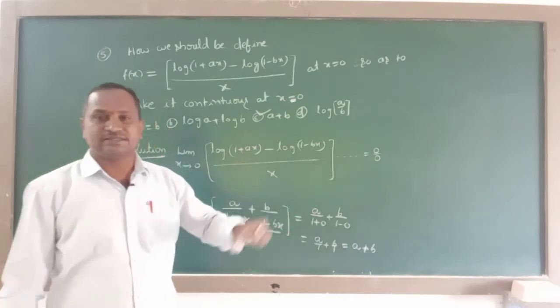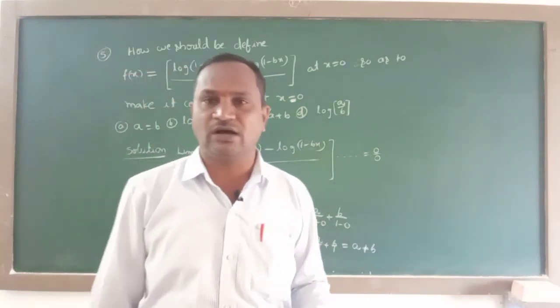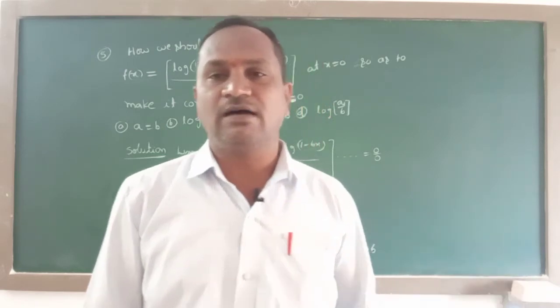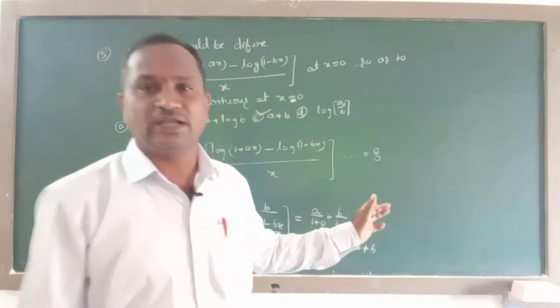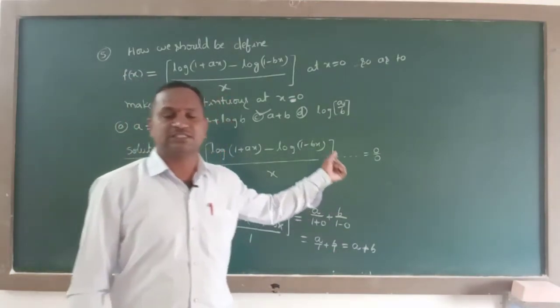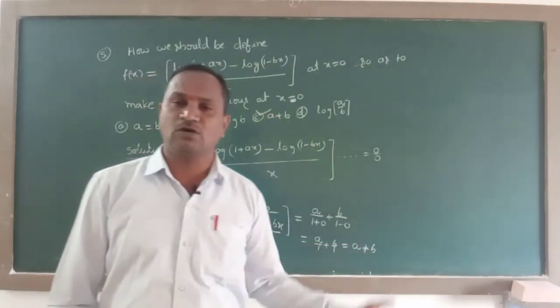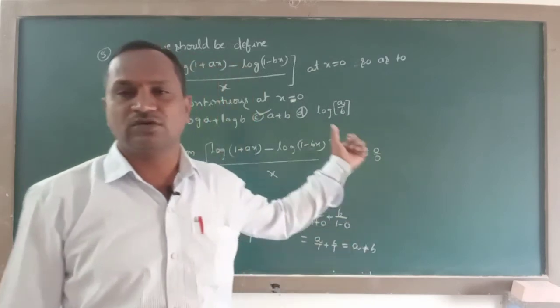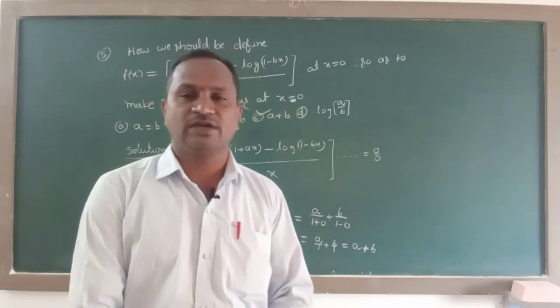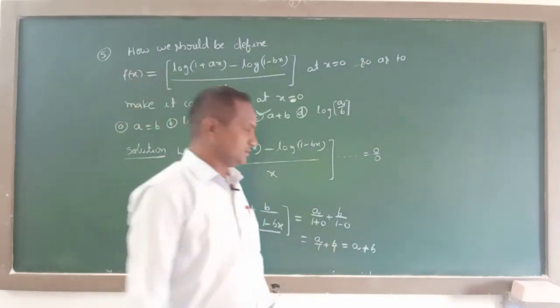With the help of that I have applied LHR, nothing but L'Hospital rule. With the help of that we got one condition, that is A plus B. That is A plus B is allotted to the third option among all these four options. That's why C is the correct option for this question. Now let us solve another question.